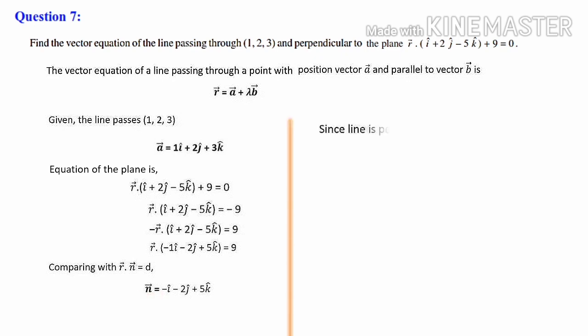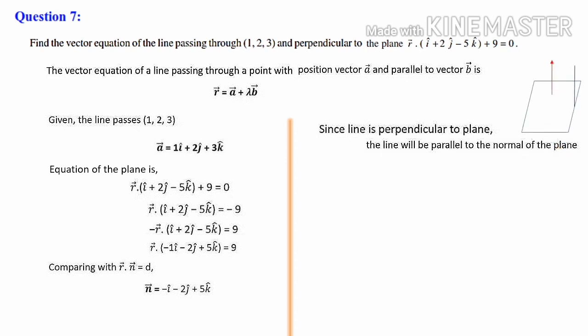Since the line is perpendicular to the plane, this is our given condition. The required line is perpendicular to the plane, and the line will be parallel to the normal of the plane. Let's visualize this concept, that will be easy for you to understand. Here is our plane, and this is our required line, which is perpendicular to the plane.